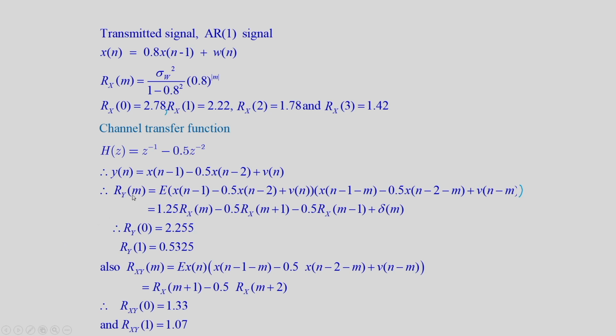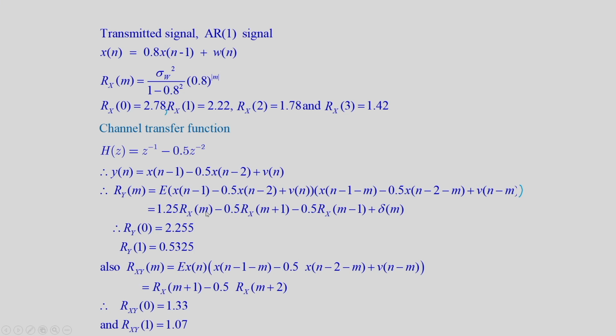Therefore, Ry(m) will be equal to E[y[n] y[n-m]], and this will be equal to E[(x[n-1] - 0.5 x[n-2] + v[n])(x[n-1-m] - 0.5 x[n-2-m] + v[n-m])]. So, we have to find the expectation of this quantity.